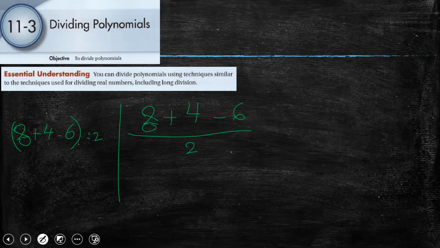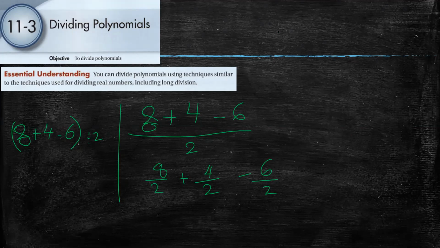Another way, we can use the distributive property of division. That means you can say it is 8 over 2 plus 4 over 2 minus 6 over 2. That means you distribute the reciprocal of 2 onto 8 plus 4 minus 6.